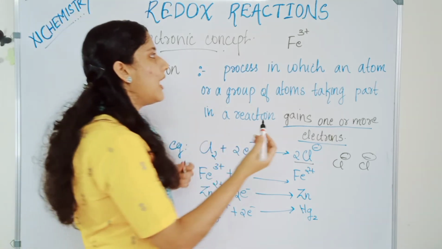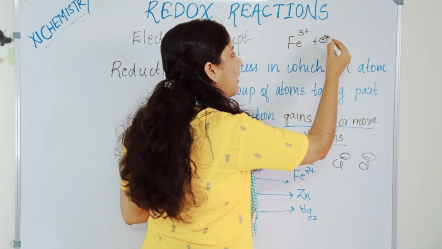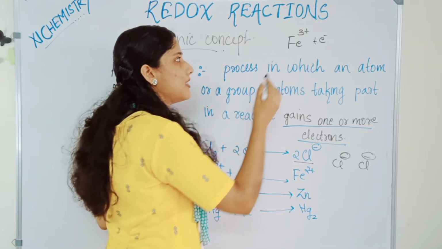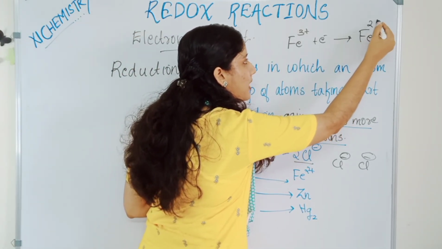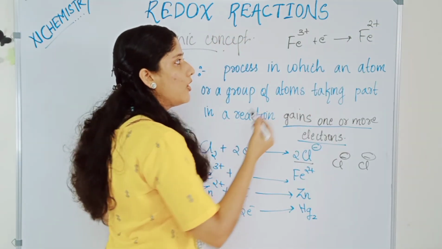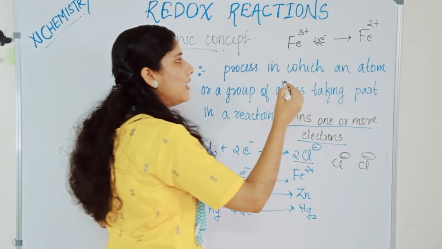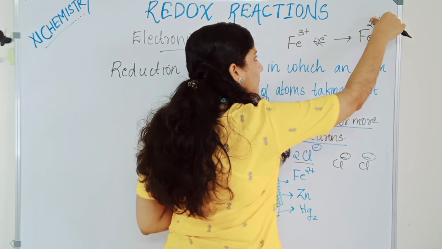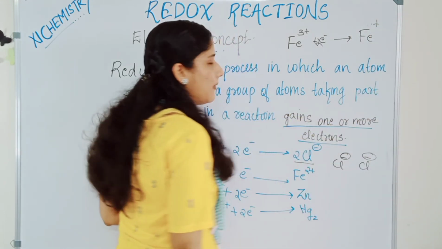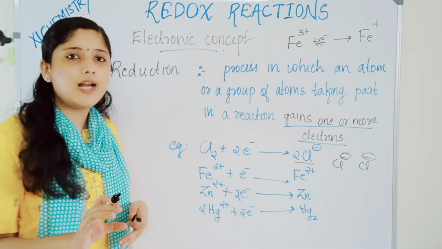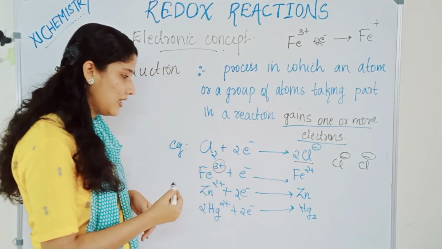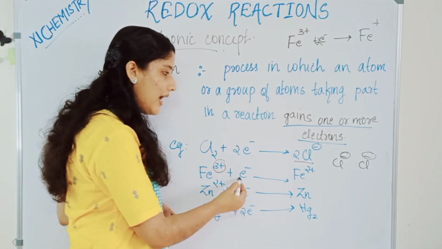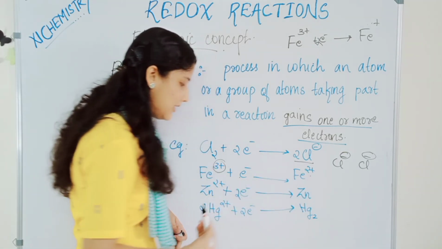So when you add 1 electron, it gets 1 electron and changes to Fe2+, isn't it? Or if you add 2 electrons, it changes to Fe+. Already deficient atom, adding an electron. So Fe3+ plus 1 electron changed to Fe2+.